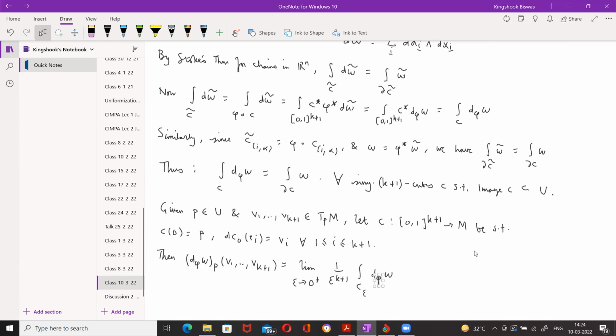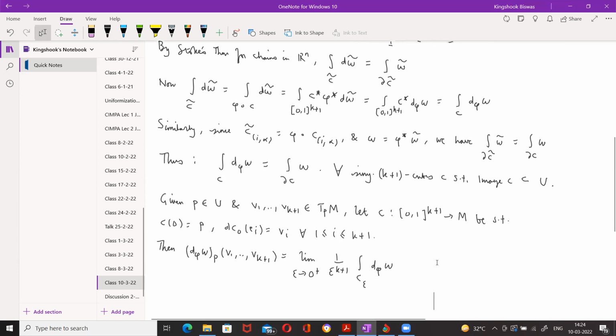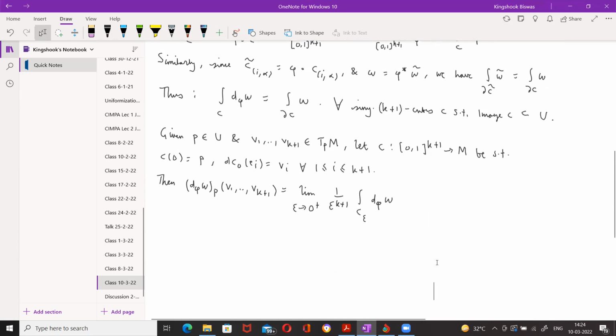Yes, we know this. Right, and just notice that for epsilon small, because U is an open set and C(0) belongs to U, the image of C_epsilon will be contained inside U for all epsilon small, right? Okay, so this is well defined. This makes sense.